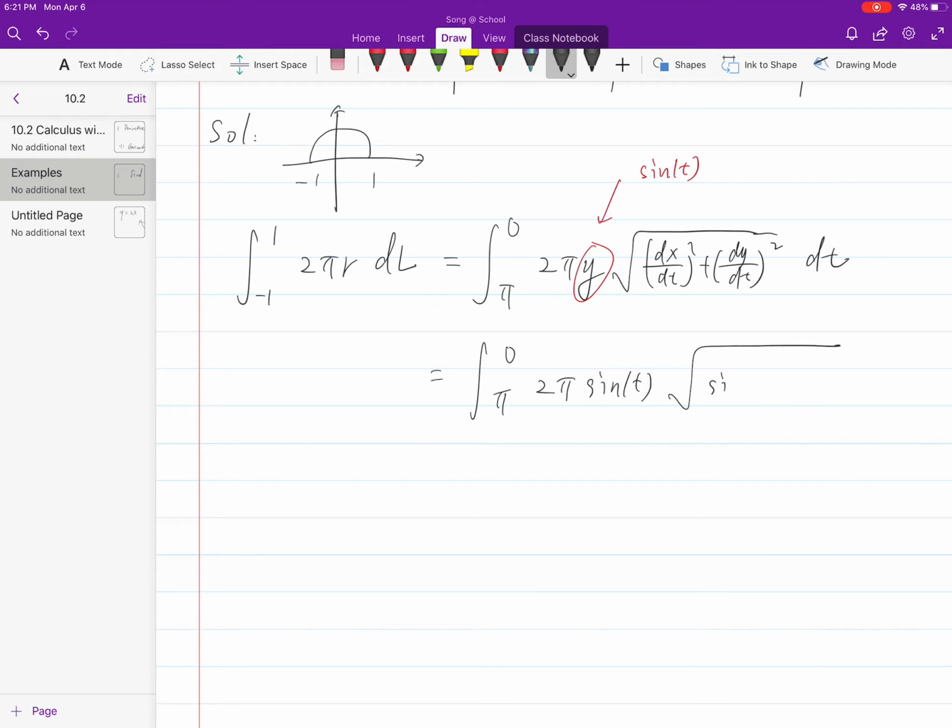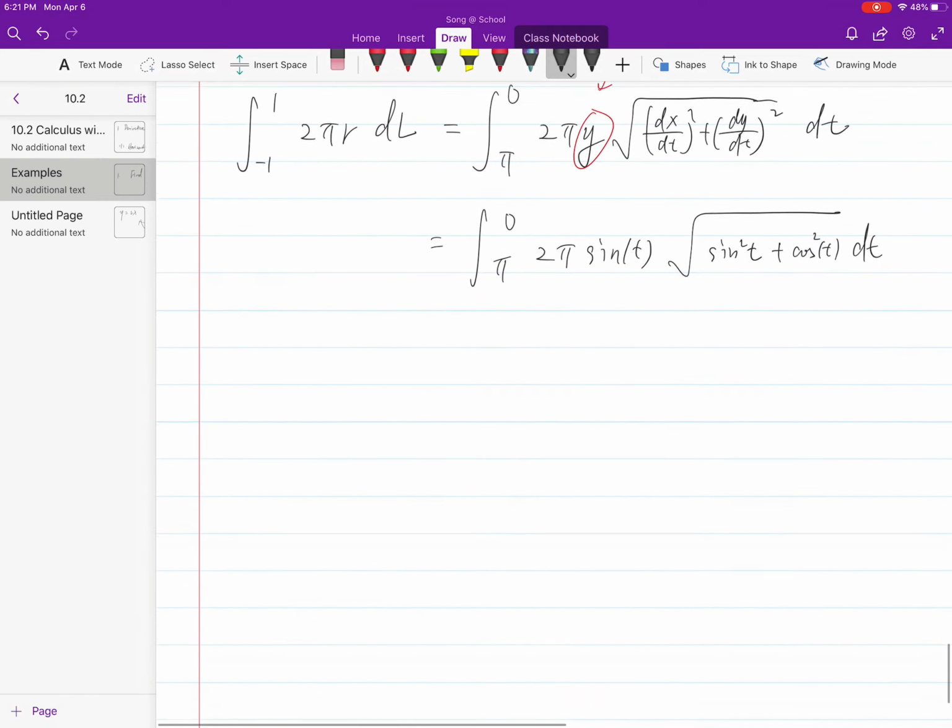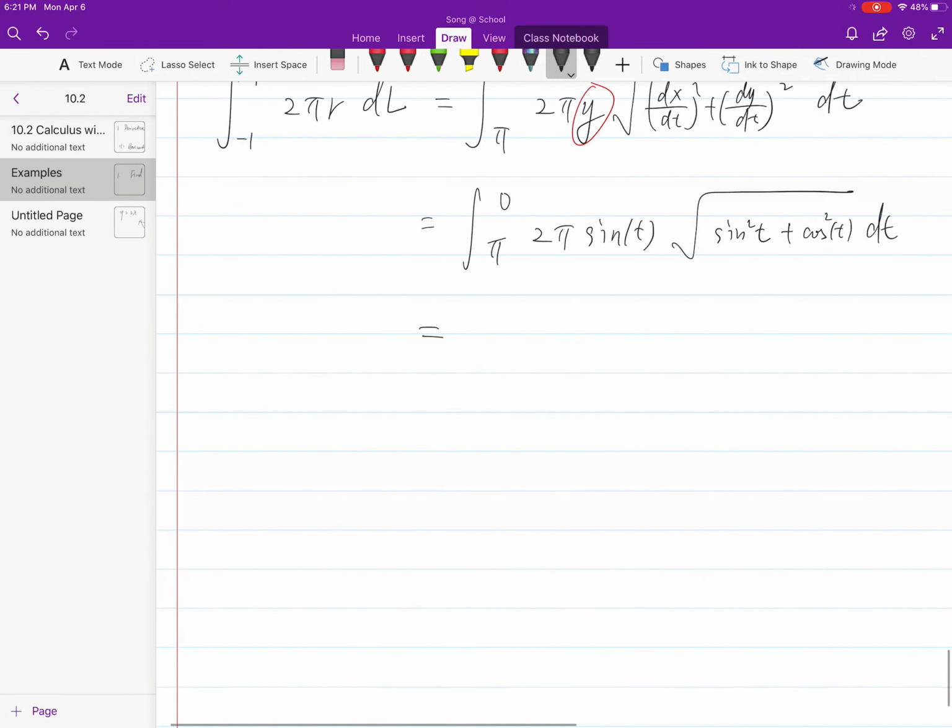Then from pi to 0, 2 pi sine t, dx over dt, that is sine squared t. There's a negative, I just chose to ignore it. Cosine squared t. Isn't that beautiful? Using parametric equation, the arc length of the circle is the best thing which can happen.